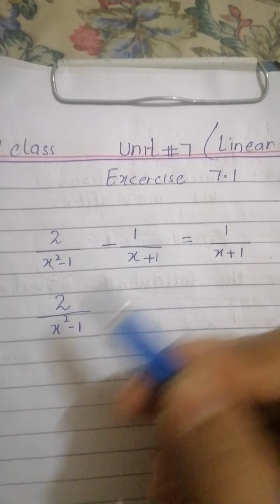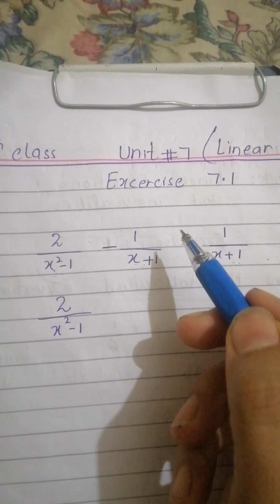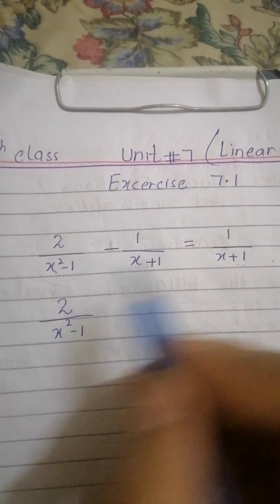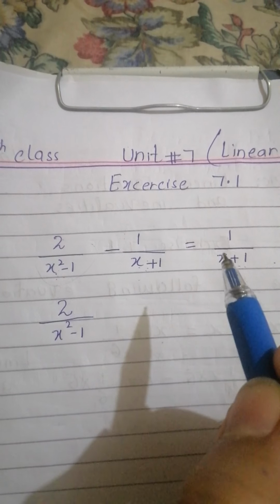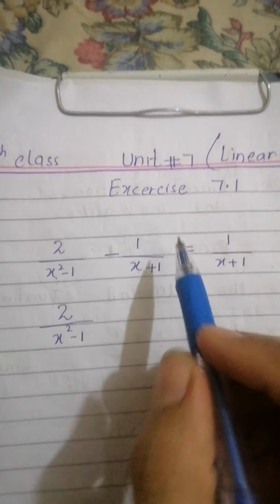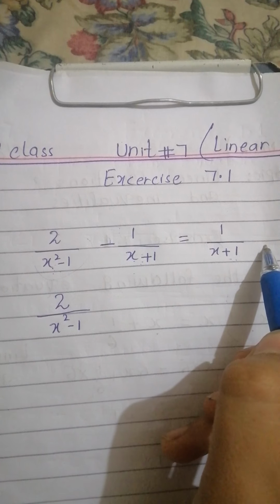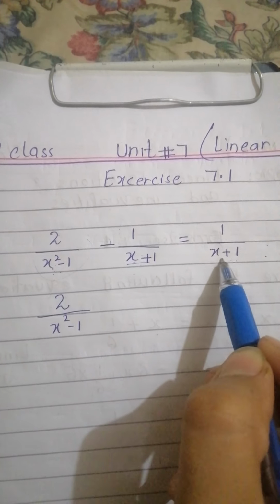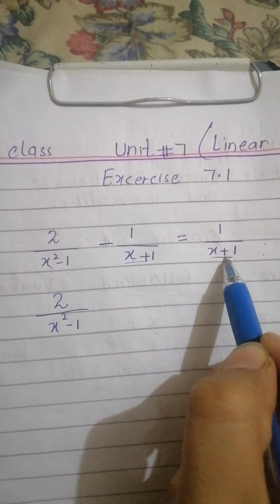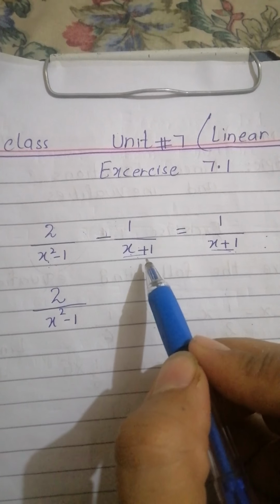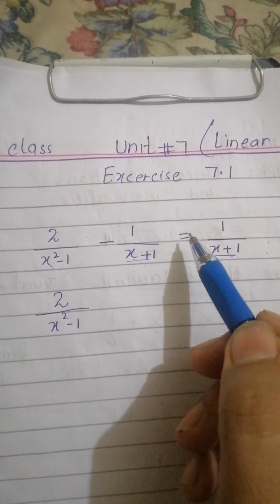So it will be very easy for me to simplify it, although there are a lot of ways to solve this question, but I am telling you about the simplest way: when you shift this number to the other side of the equation, both numbers have the same denominator, and whenever the fractions have same denominator, their LCM will be very easy.